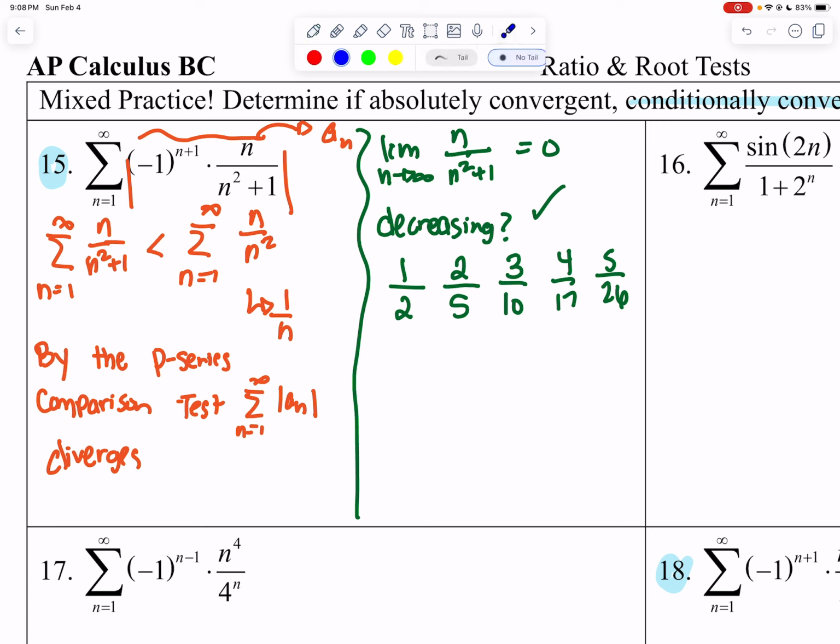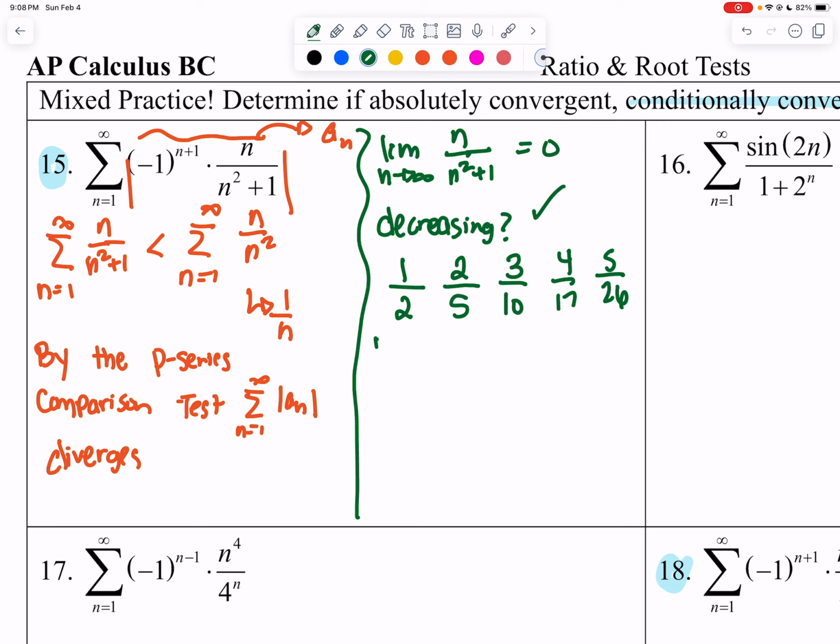Now, this right here isn't going to be the best in terms of my justification. Remember, with my justification, I kind of need to prove that everything is decreasing, meaning that I gotta find the derivative and see where my derivative is negative. But for the sake of time, just trust me in terms of me saying that the terms are decreasing.